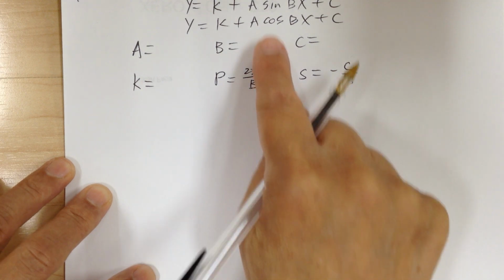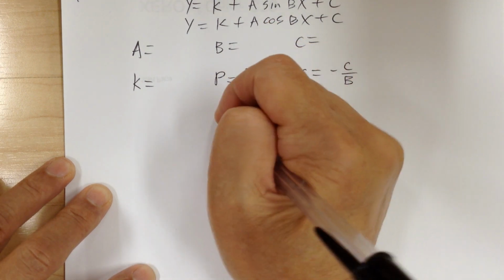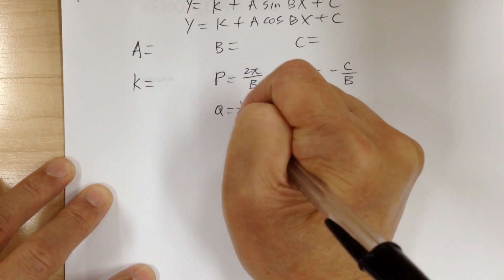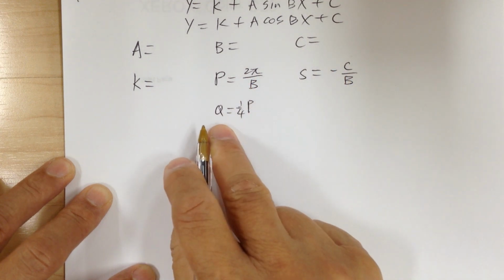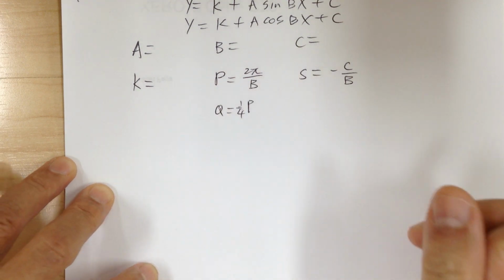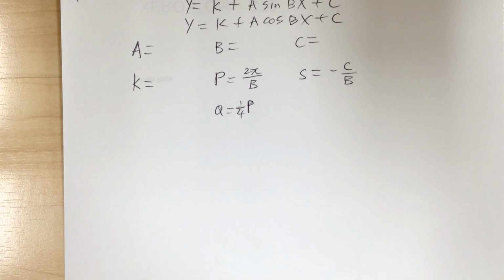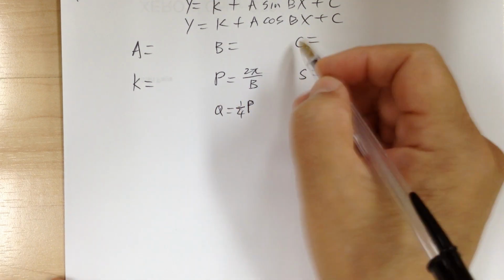Then after that, you want to divide the period into 4, so quarter equals 1/4 of the period. You want to find the quarter point so you can label the critical values. Keep this in mind.